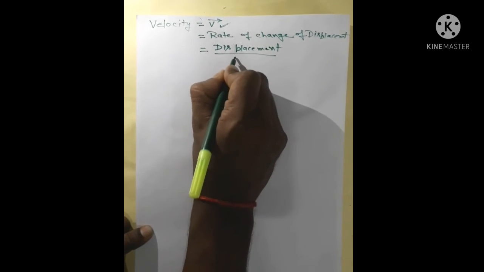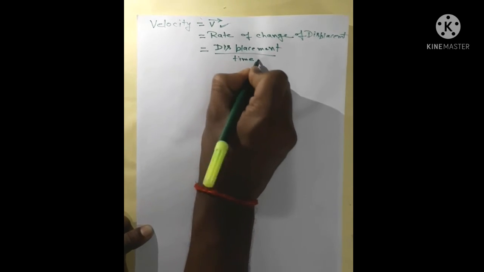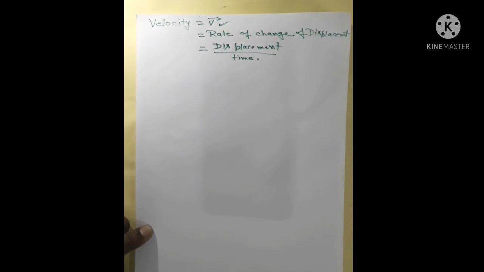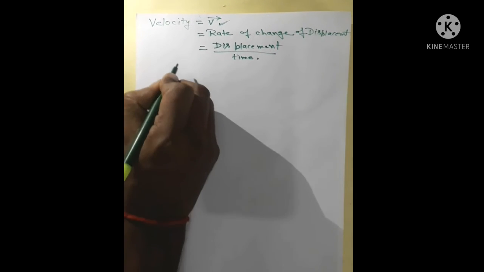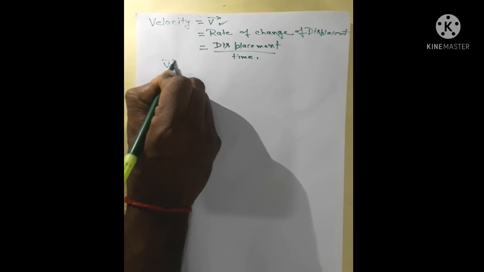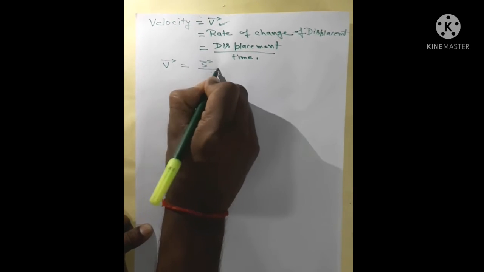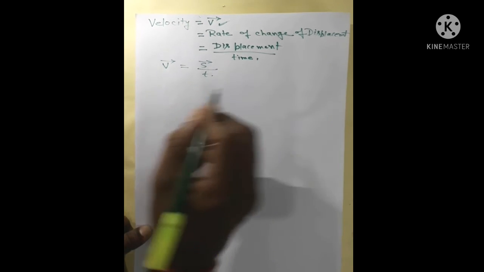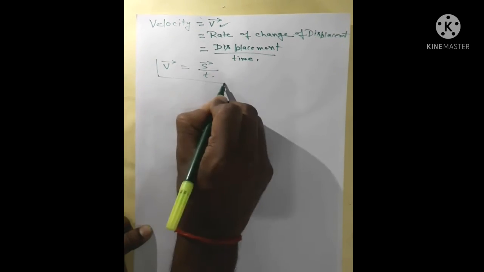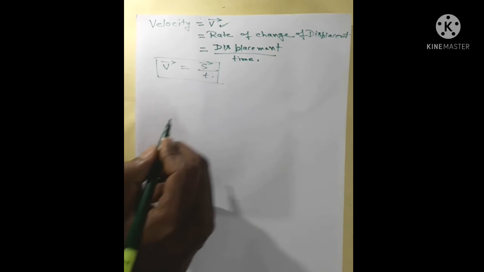We can represent velocity as displacement, which is also a vector quantity, divided by time. This is called velocity.